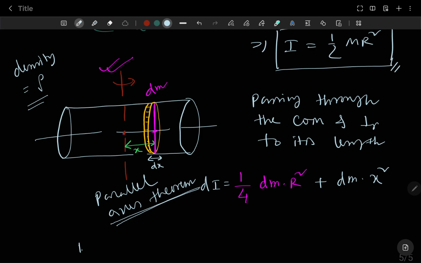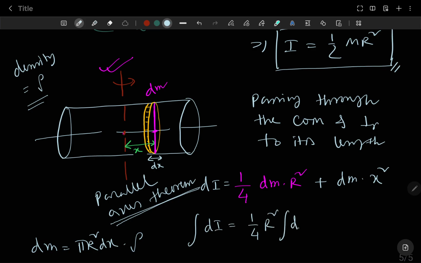The volume times the density will be the mass dm. Then let us integrate: 1 by 4 R square integral dm plus integral dm x square.